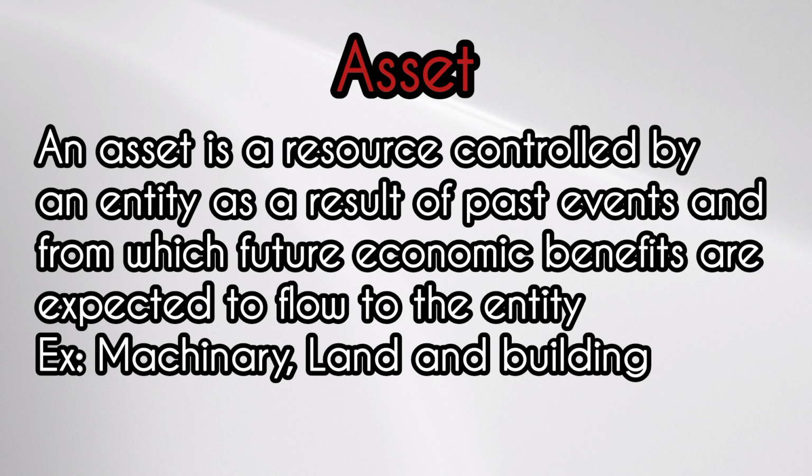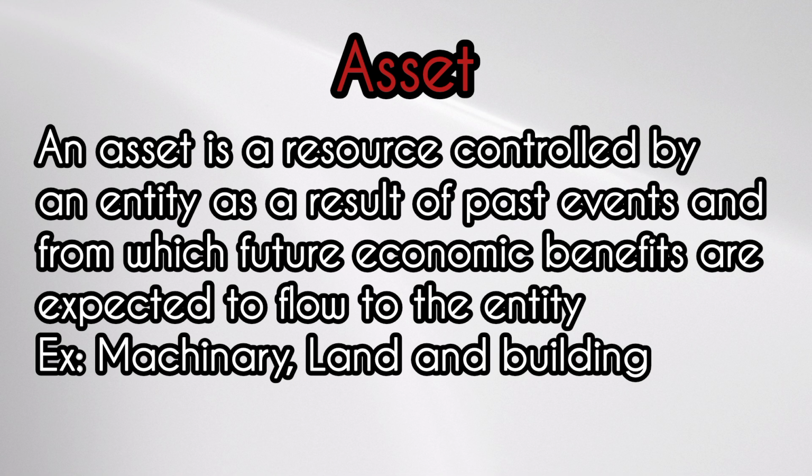Economic benefits means from machinery we are making a product and we are expecting some money from it, right? For example, we are selling that product in the market and we will be getting a sales amount. From that, we can actually make a profit. So, the profit is the economic benefit that we get from a machinery. In the same way, every asset is expected to make some economic benefit in the future.